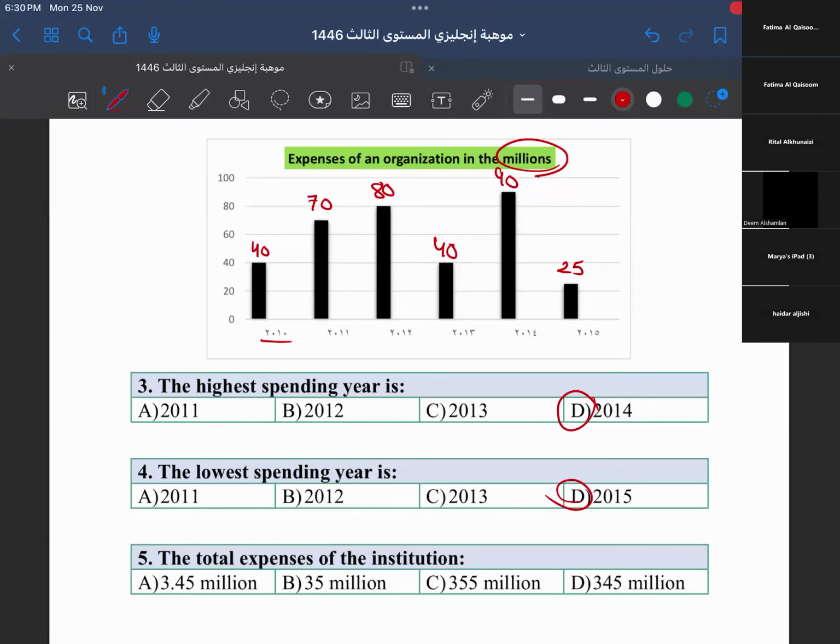When I add them together, it's going to be D, 345 million. Okay. How did you find that? Did you add them? Yeah, simply. You're going to add them. The total expense, they're asking about the total, the sum of them. So I had each year and then I added them all together.